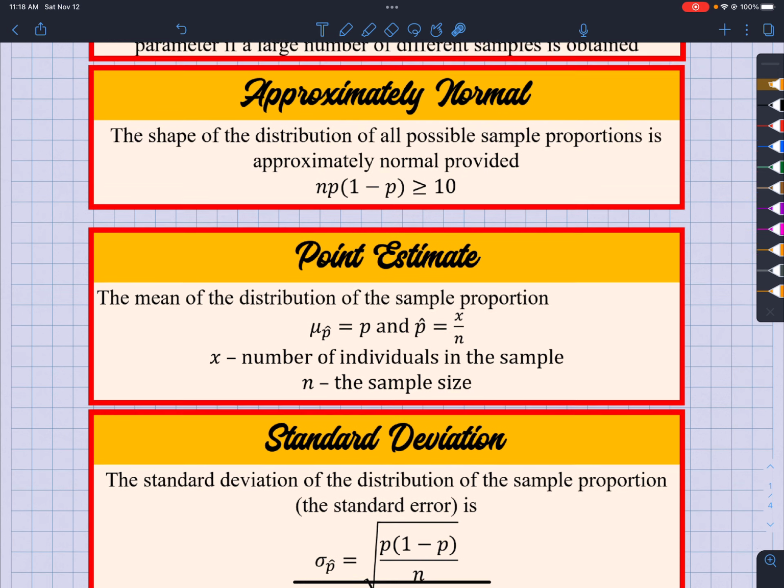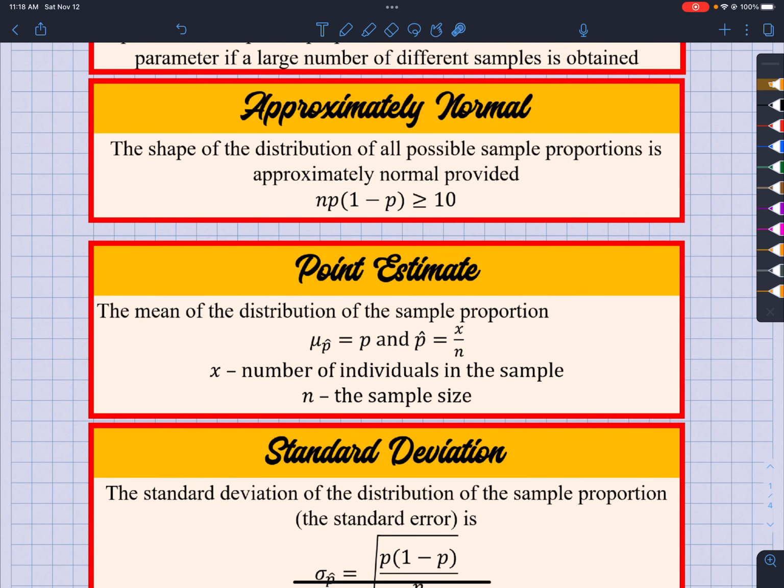But we also have to check that n times p-hat times 1 minus p-hat is still greater than or equal to 10. If it is, then it's approximately normal, and we can continue on.